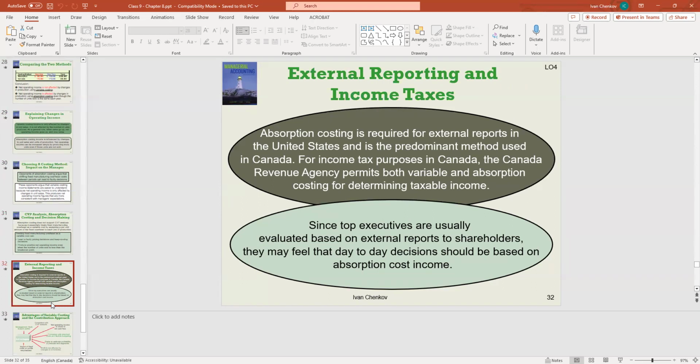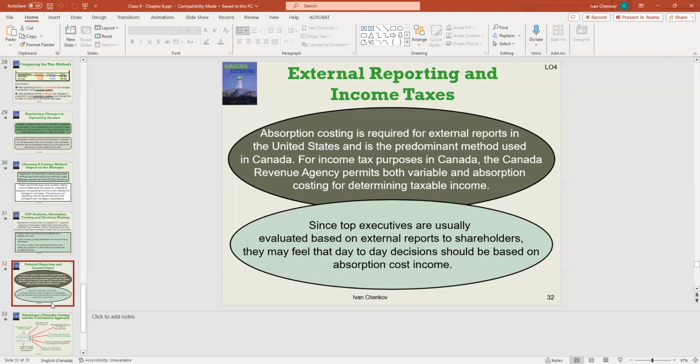And since the top executives are usually evaluated based on the external reports, for that reason, absorption costing is the one that more companies usually use. Can the company use variable costing? Yes, they can. But it's going to be extra effort for them. Is it going to be practical?